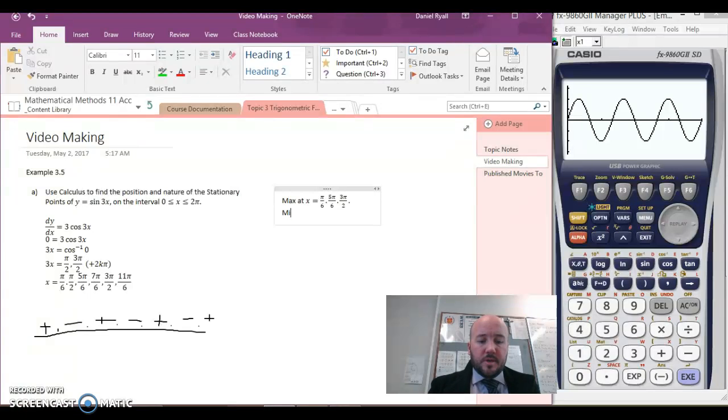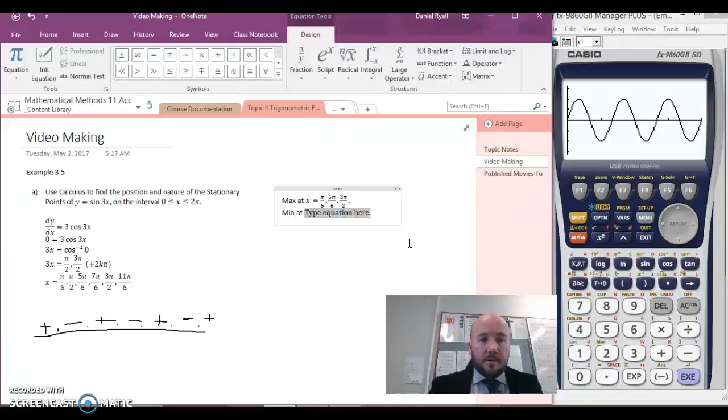And then a minimum at the 3 values of x equals pi on 2, 7 pi on 6, and lastly 11 pi on 6.